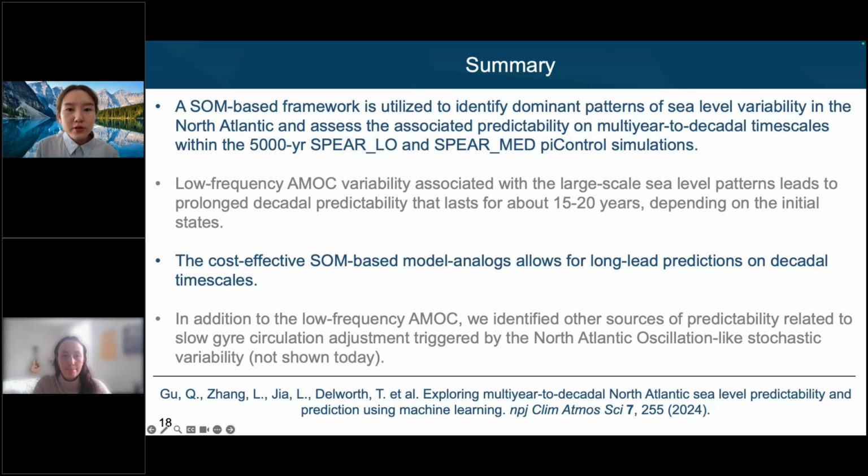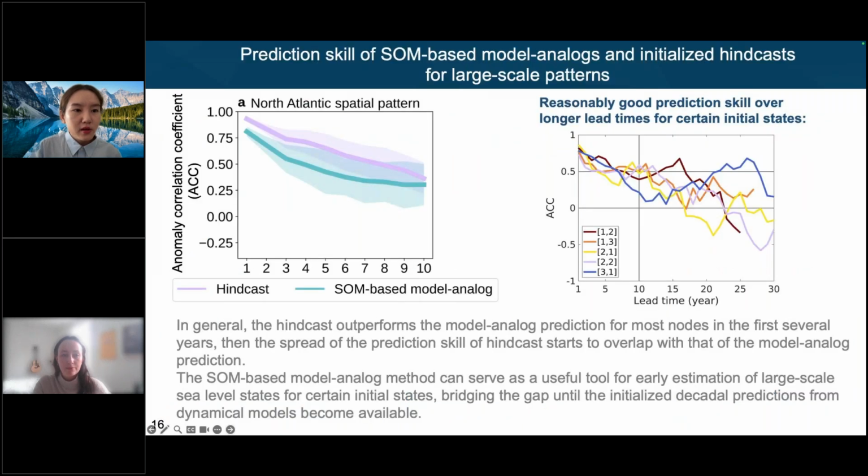Yeah, that's a great question. If we look at the prediction using the SOM-based model analogs, the shading is the spread of the prediction, and it's not that sensitive to the initial condition, but it also depends on the AMOC state.